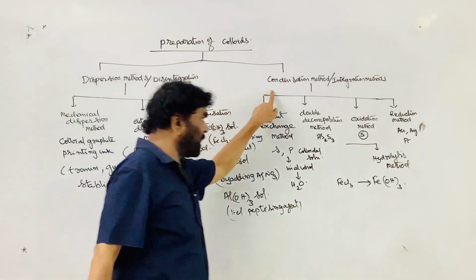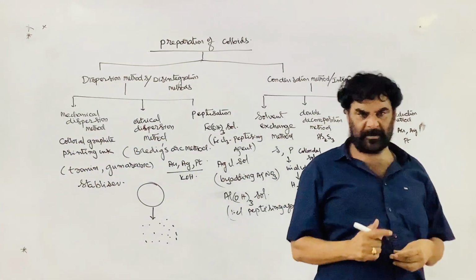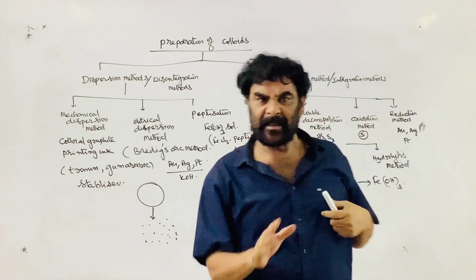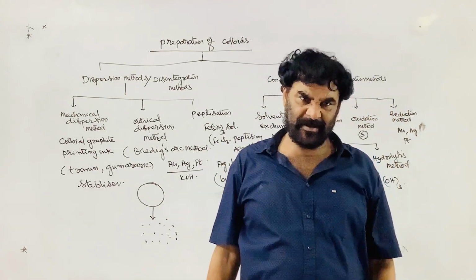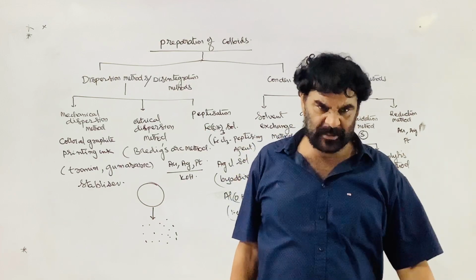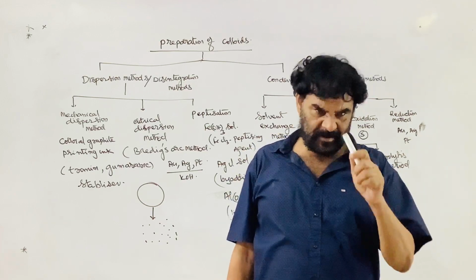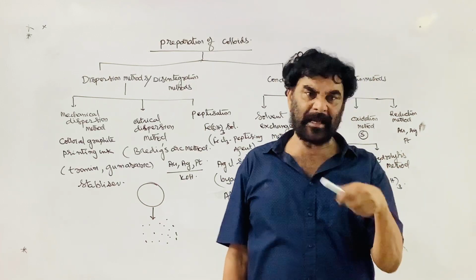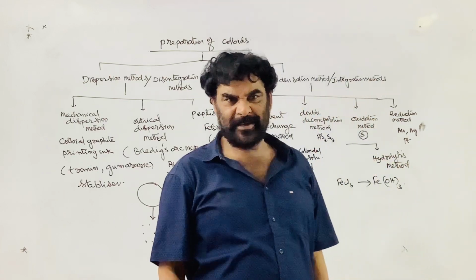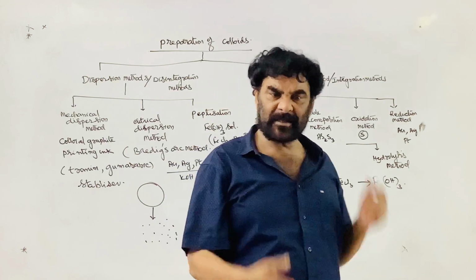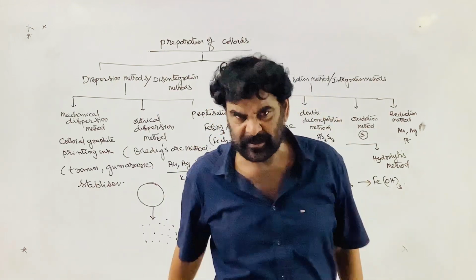The second one is exactly opposite. The particles are less than 1 nanometer in size. The dispersed phase particle size is less than 1 nanometer, equivalent to the molecular, atomic or ionic state, smaller.